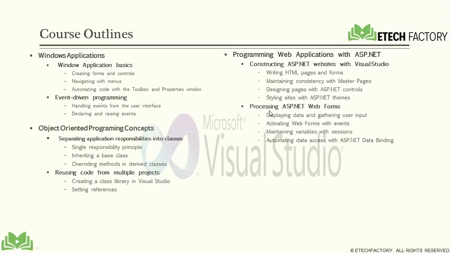We are also learning about processing ASP.NET web forms. In processing ASP.NET web forms, we are going to cover how to display the data and gather user input, activating web forms with the events, maintaining variables with the sessions, and automating data access with ASP.NET data binding.